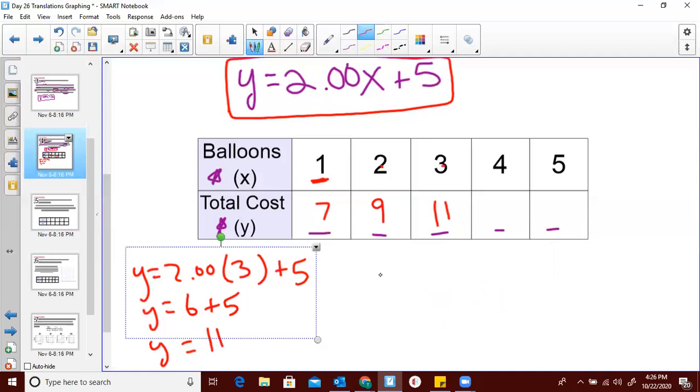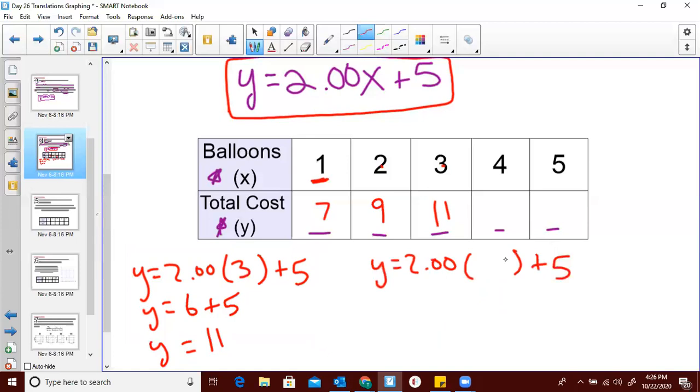All right, and two more. I have $2. Remember, I'm going to leave a space for my variable, and I'm just writing out the linear function that I created. I'm going to put in my 4 where my x would go, because I know that x equals 4. And 4 times 2 is 8 plus 5, and y is going to equal 13.